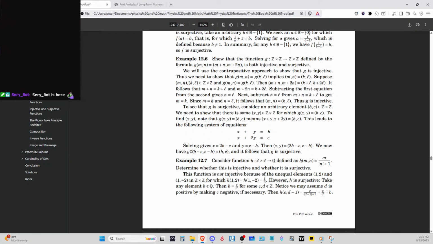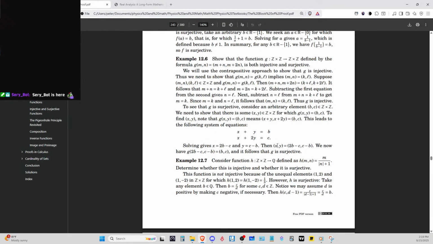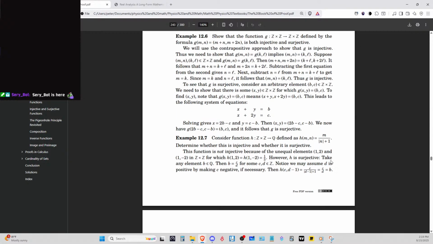Now we have this, and it follows that it's surjective. So let me just look at the definition of surjective again. So for every element. There's one more section to read.